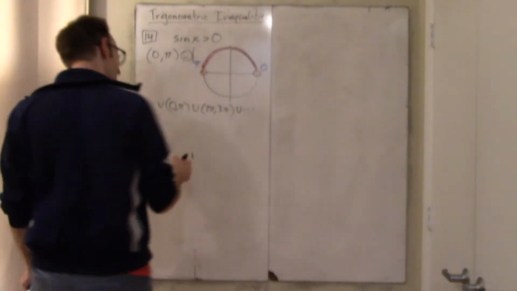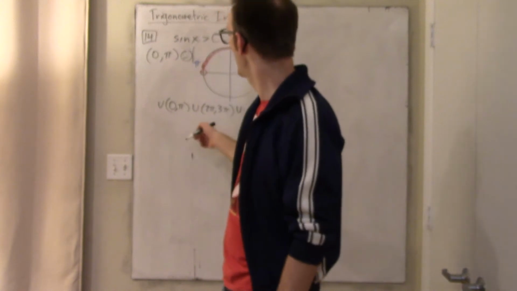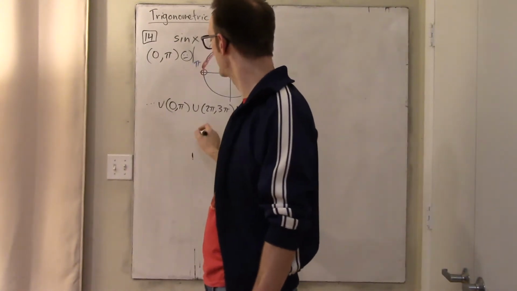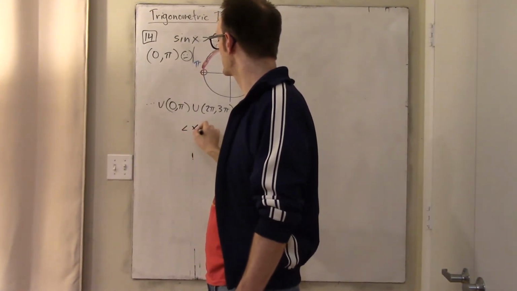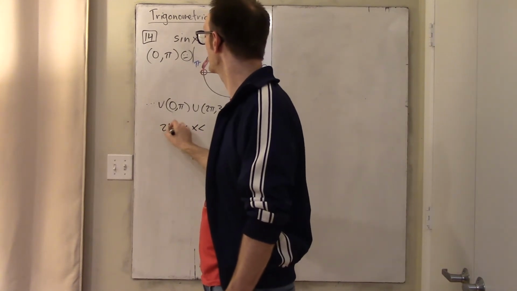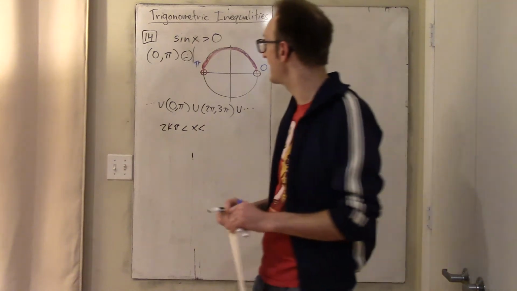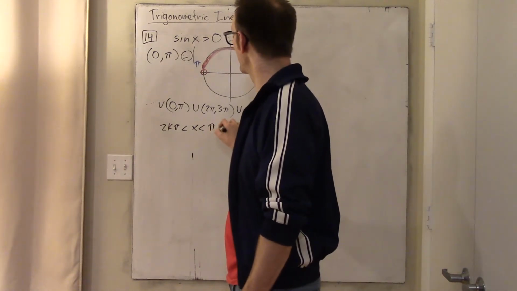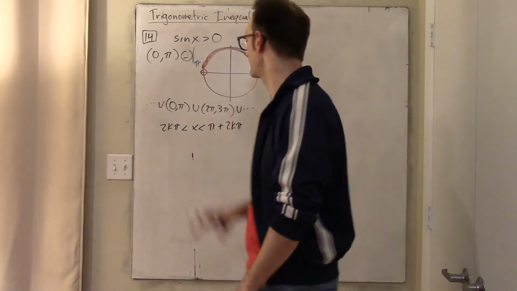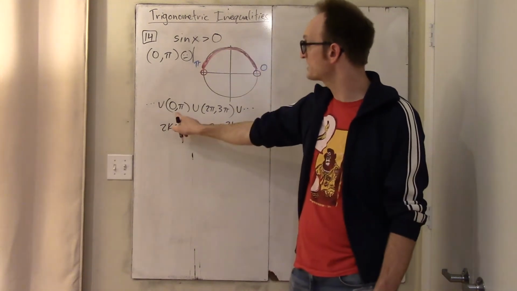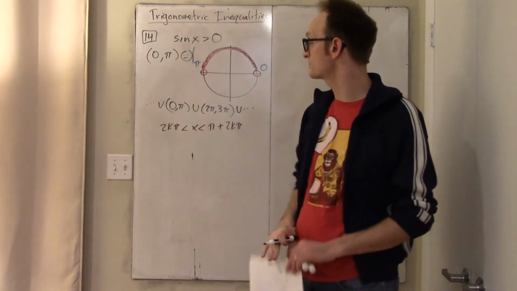And so the way to think about this is sine will be positive for any number which is between some even integer multiple of pi and pi more than that. Alright, so if you said k equal to 0, you get our first answer. If you said k equal to 1, you get our second answer, etc.